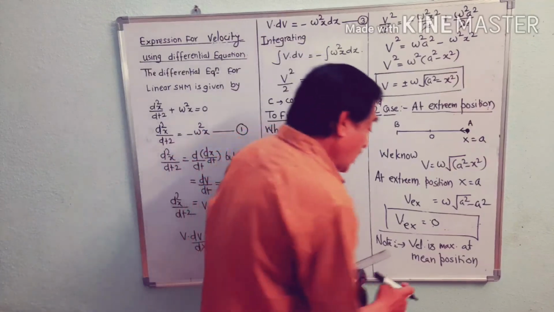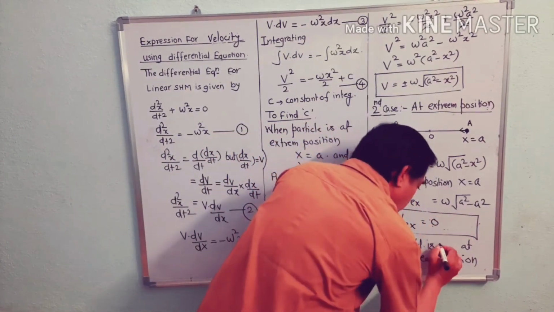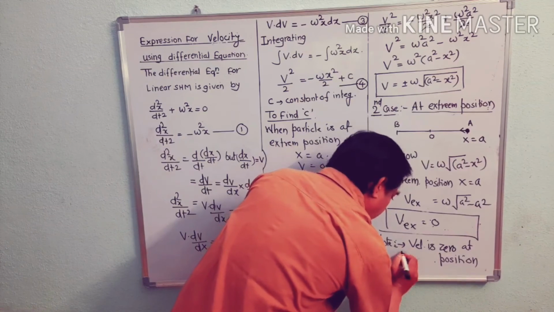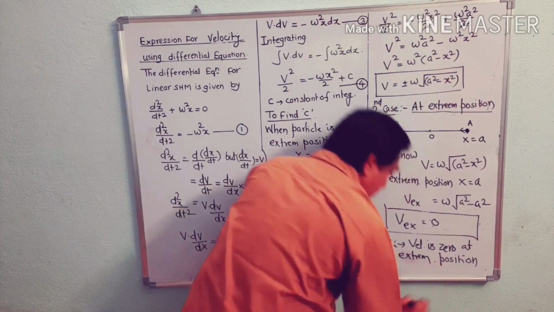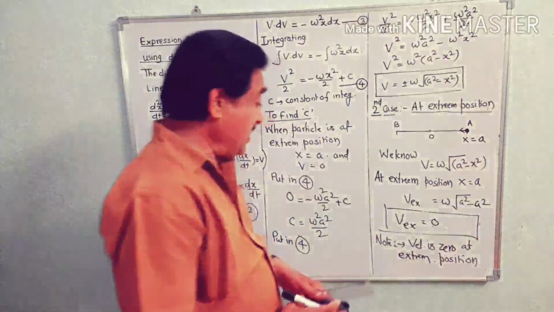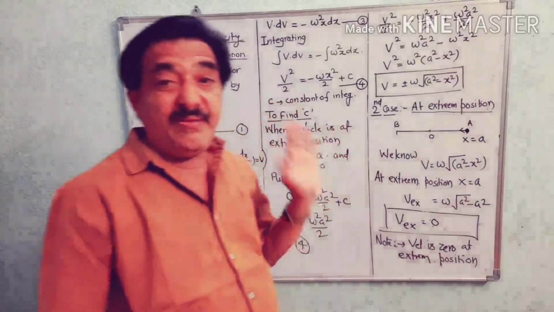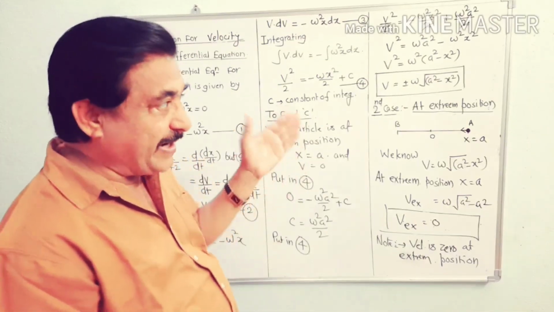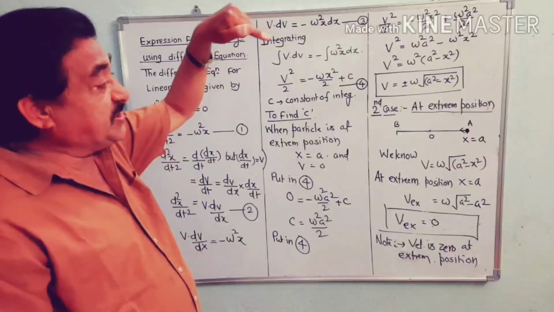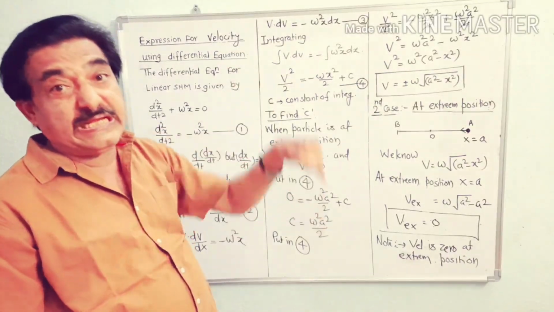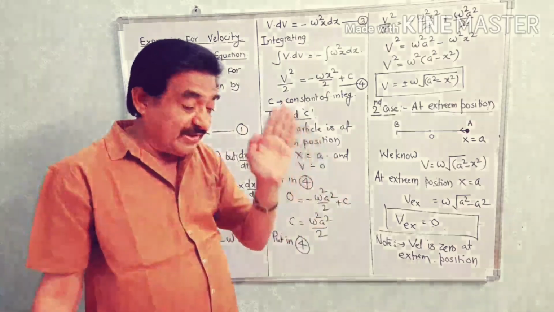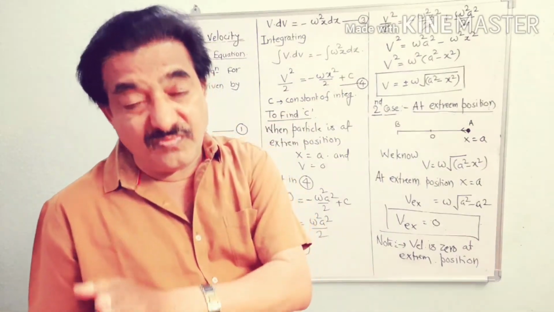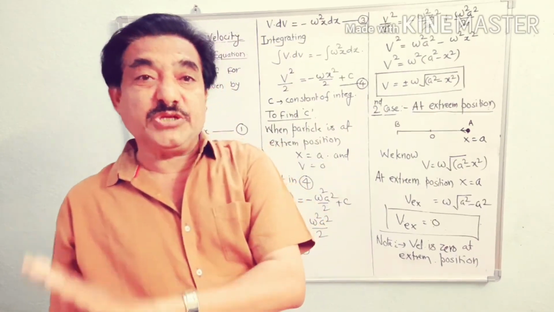So what is the conclusion? Velocity is 0 at extreme position. तर अशा प्रकारे extreme position ची velocity ही 0 आहे आणि mean position ची velocity maximum आहे. आता acceleration आणि velocity मध्ये काय फरक झाला आपण जर पाहिलं तर याच्या अगोदरच्या expression मध्ये acceleration is 0 at mean position, but velocity is maximum at mean position. म्हणजे ज्या ठिकाणी particle ची velocity maximum आहे त्या ठिकाणी acceleration ही 0 आहे आणि ज्या ठिकाणी particle चं acceleration maximum आहे त्या ठिकाणी particle ची velocity ही 0 आहे.